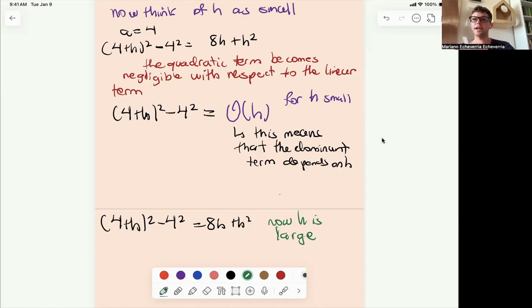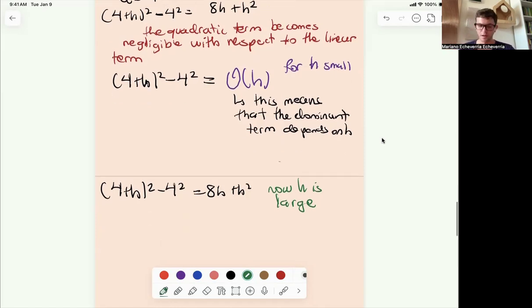So if h is now getting large, of the two terms, the one that dominates, the one that is the most important one to care about, is h squared. So now this one is the dominant term.